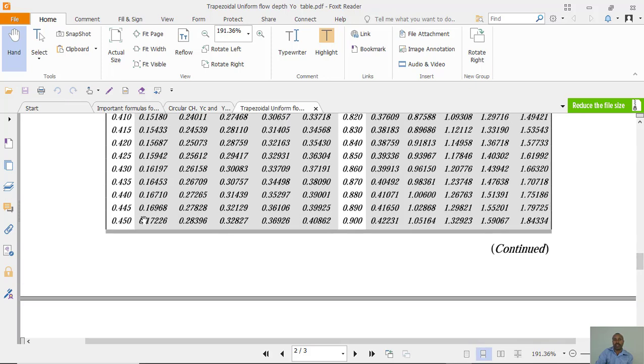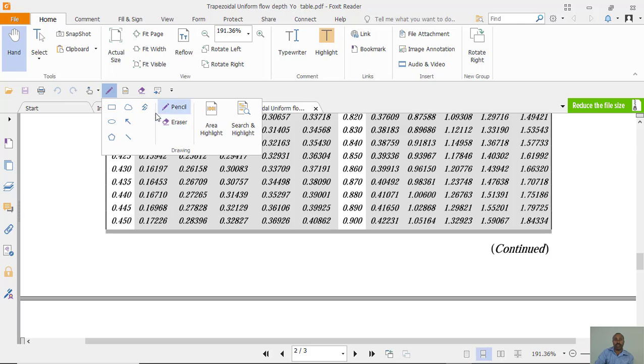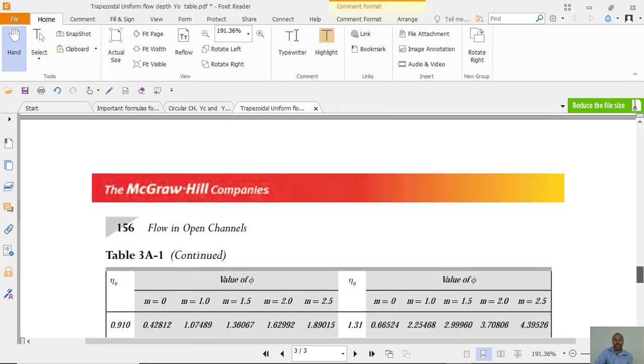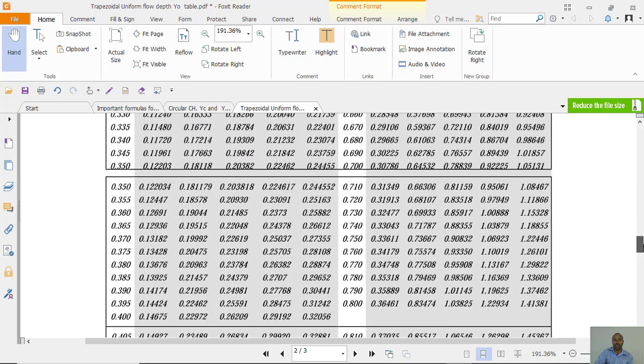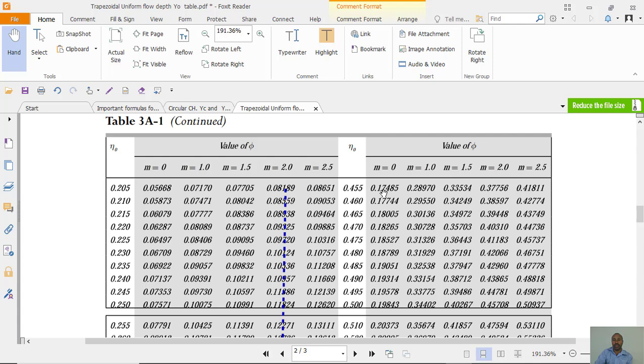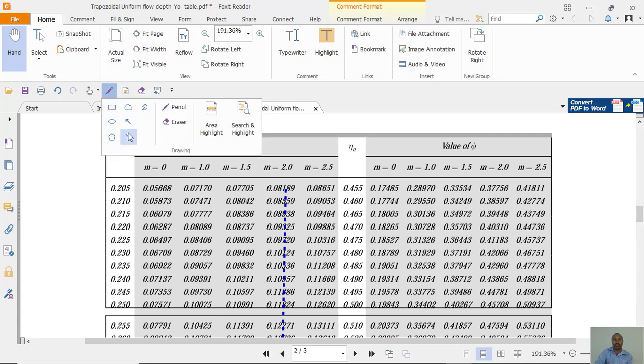So you can iterate, just around this value, then it will go like this, and you have the second value here.